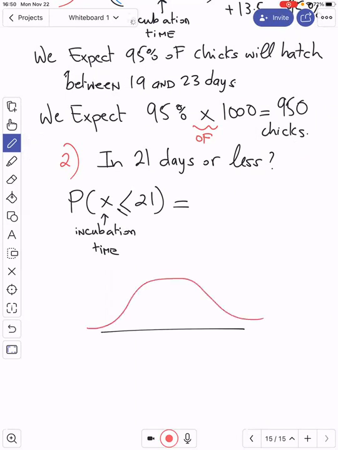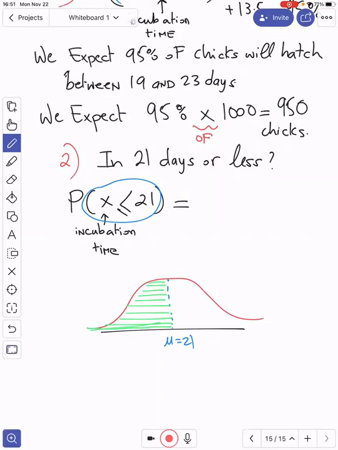So this is your mu, which is of course 21, right? So when I say the probability that x is less than 21, it has to be the area of the region which is on the left of 21. The whole region.